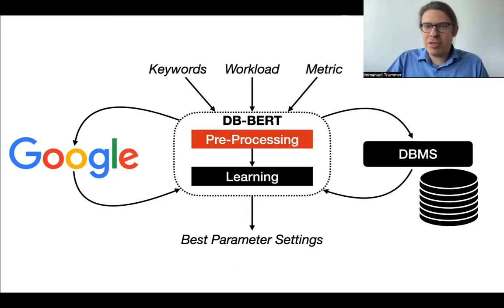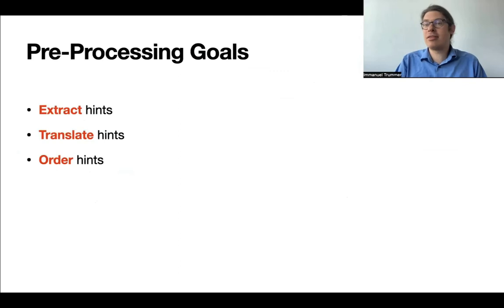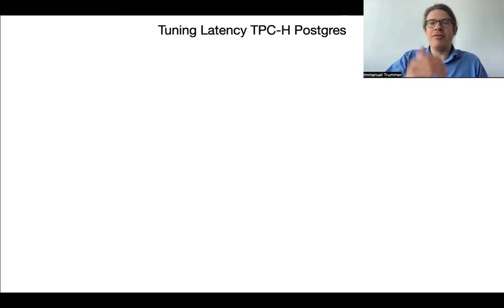The goal in pre-processing is to analyze the input text in order to extract tuning hints, in order to translate them into arithmetic formulas, and in order to determine in which order we want to consider those hints in the following stages. So, for instance, we start with the user-defined keywords that you see here, which hint at the fact that we want to tune latency on the TPCH benchmark for the Postgres system.